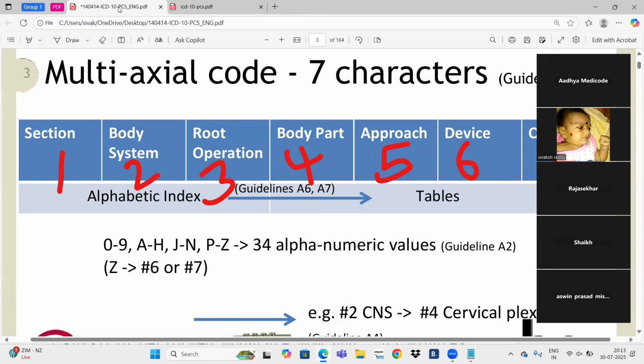We are going to discuss these 7 characters now.